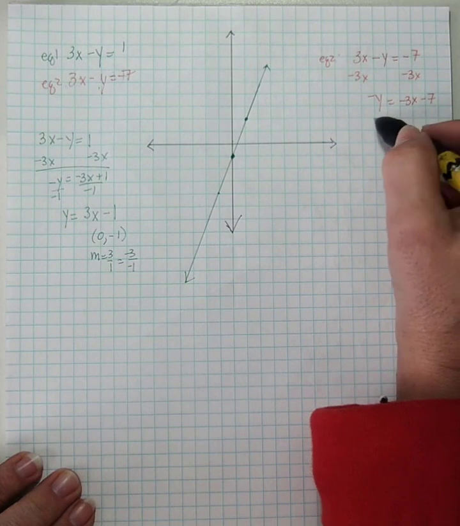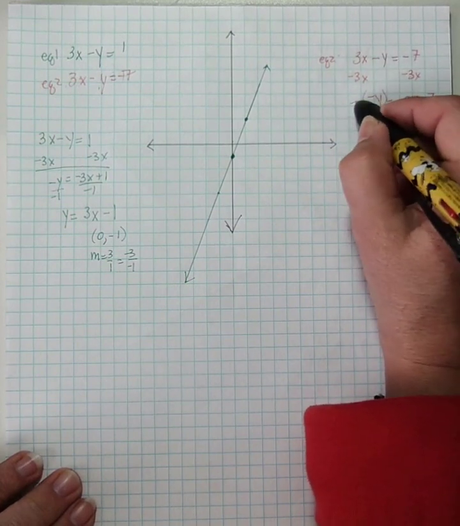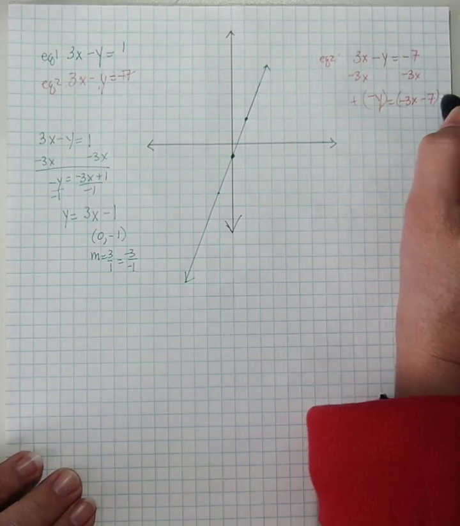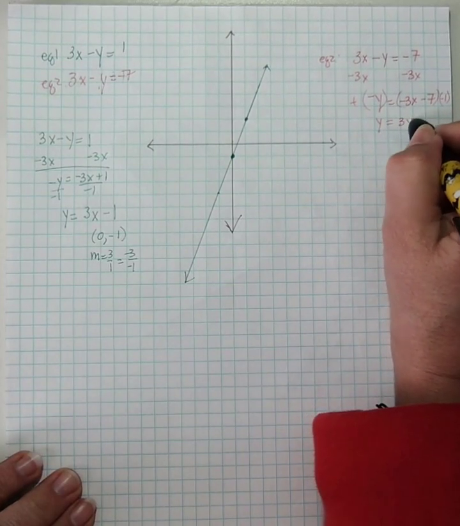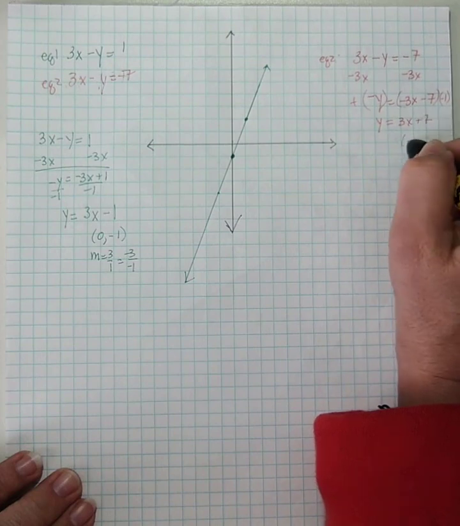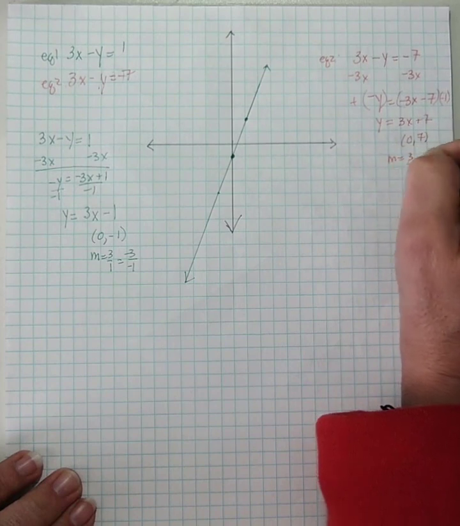And then once again, I could multiply by negative 1 or divide by negative 1. This time I'll multiply by negative 1. And when I do that, all the signs change. So I'd have 3x plus 7. So I have a y-intercept of 0, 7, and a slope of 3 over 1, or I could think of that as negative 3 over negative 1.